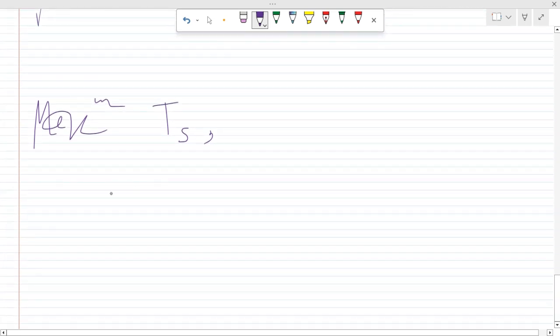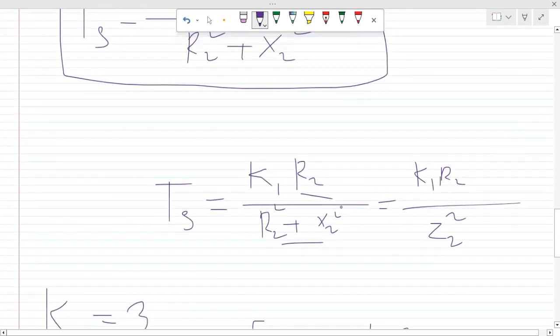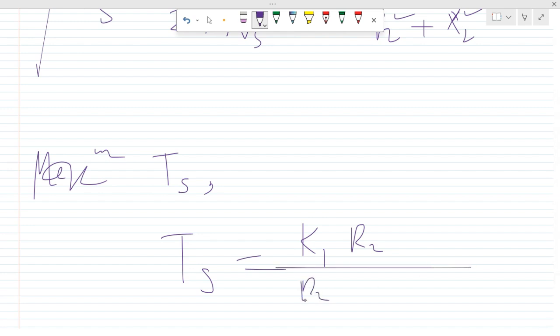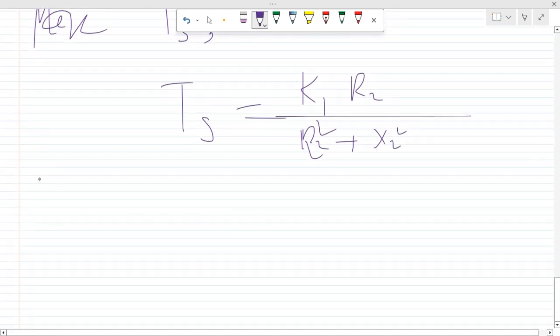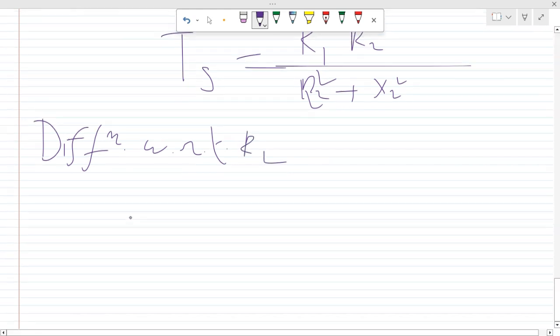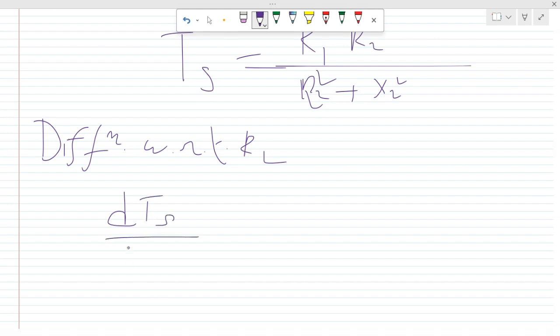Okay, so now I can write Ts is equal to, I'm going to write this equation, which is K1 into R2 by R2 square plus X2 square. Okay, so now I am going to differentiate with respect to R2. So I can write dTs by dR2.